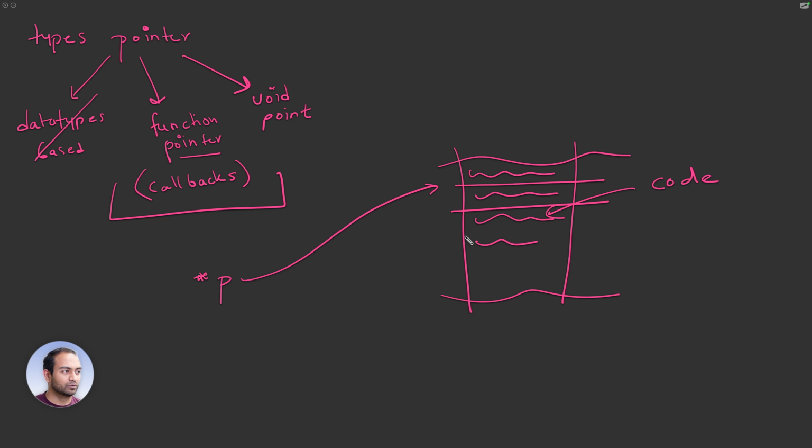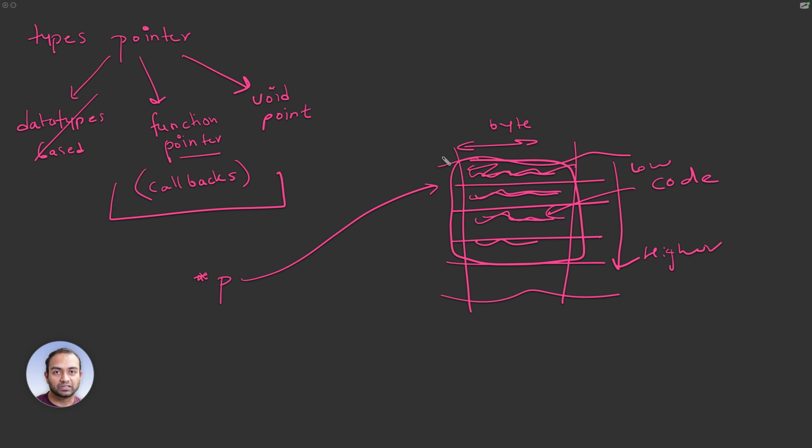So, we talked about memory going from top to bottom, lower address, higher address, bytes. So on each of these bytes are numbers that the CPU interprets as code, right?